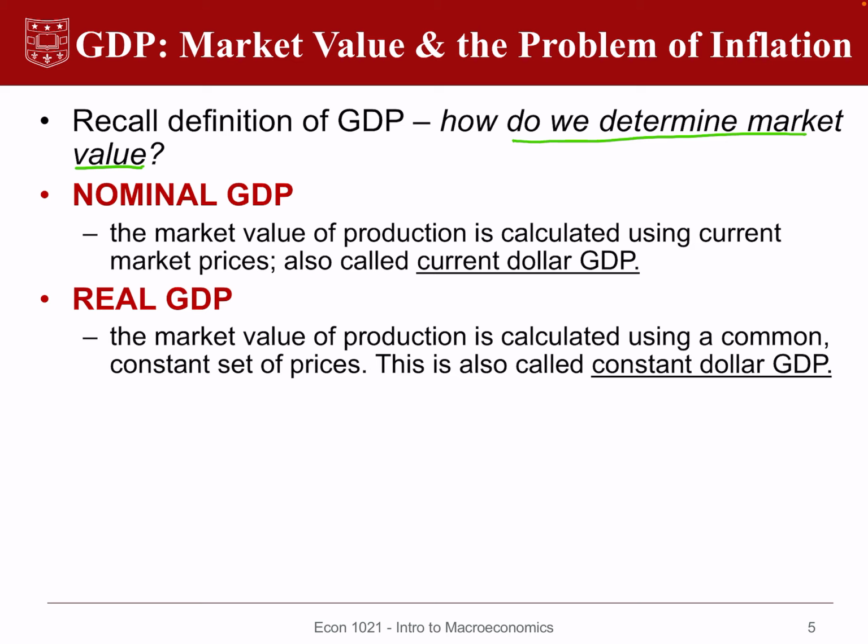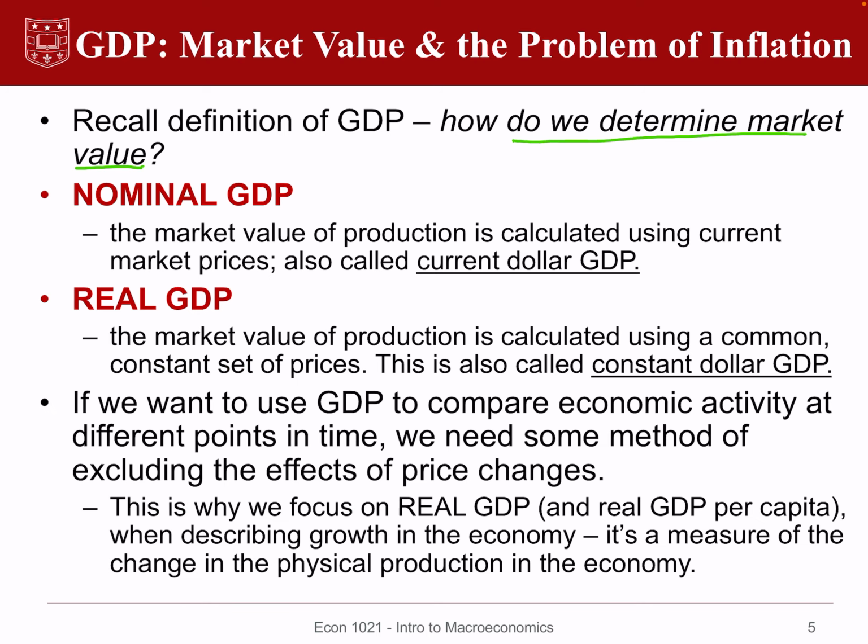I don't want to do that because it's a little bit misleading in the context of the way this is developed in the textbook. But real GDP is also therefore called constant dollar GDP. And we'll see a couple of examples of this as we go forward, so don't panic just yet if that isn't clear. What I want to do is present the big idea, and then we'll hit on it again through the course of the next example.